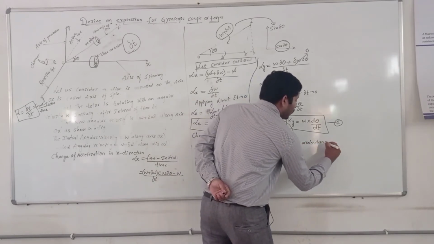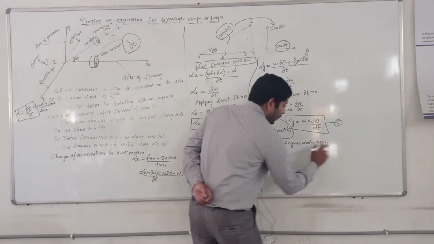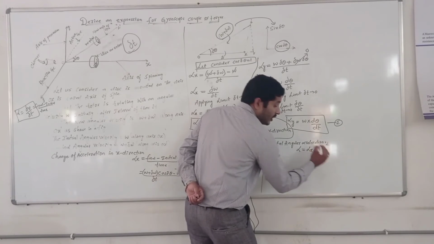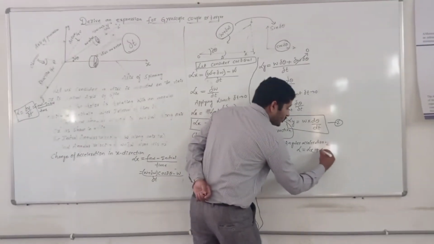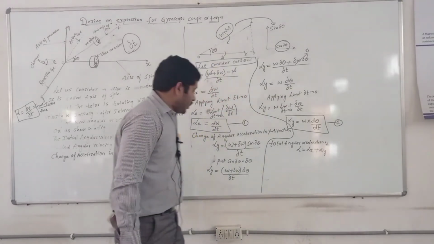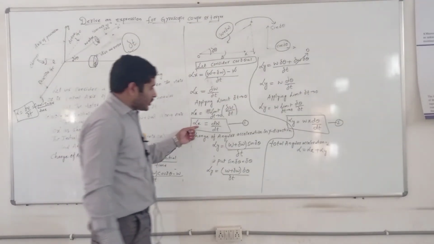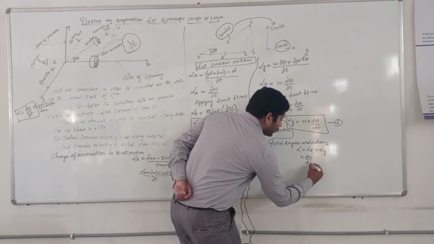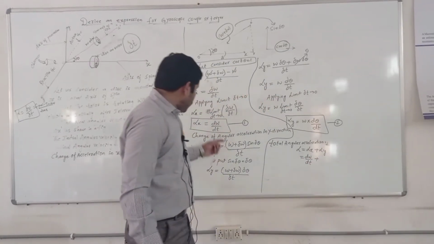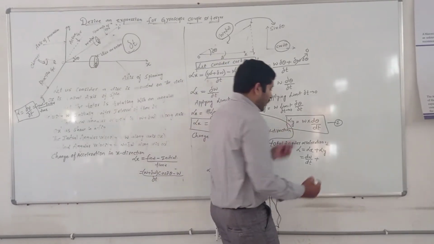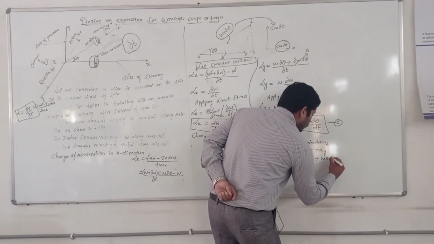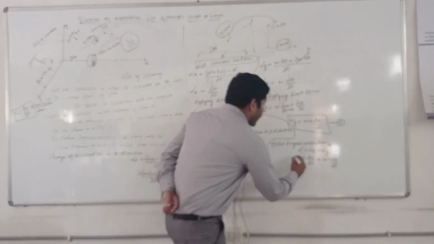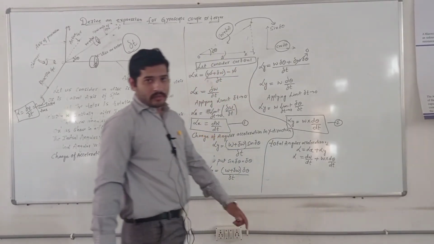The total angular acceleration alpha is the x direction component, d omega by dt, plus the y direction component, alpha y, which is omega into d theta by dt. That is the value of the total angular acceleration.